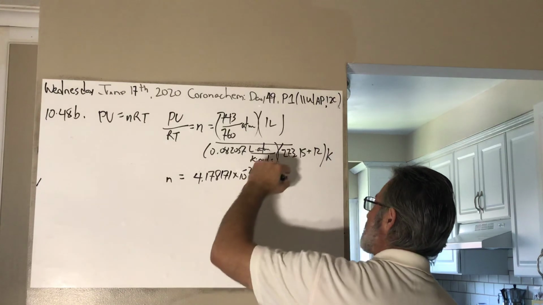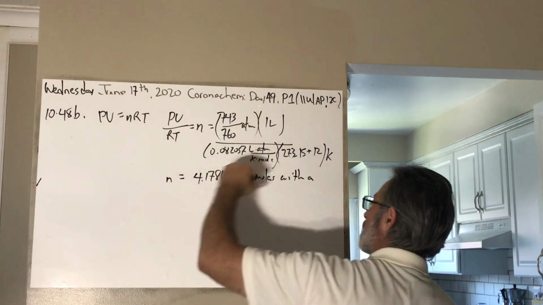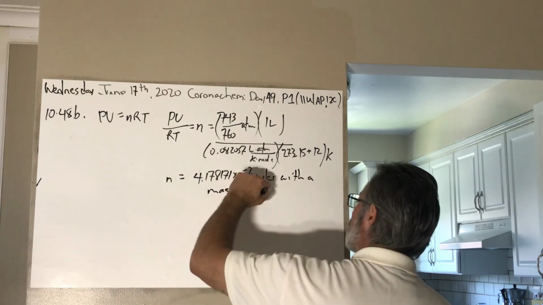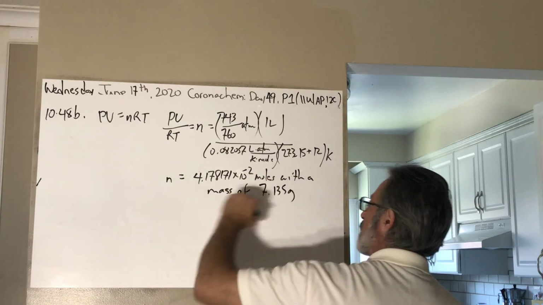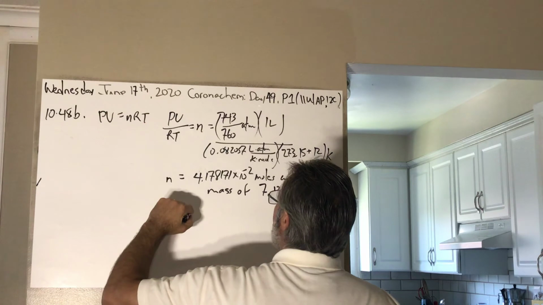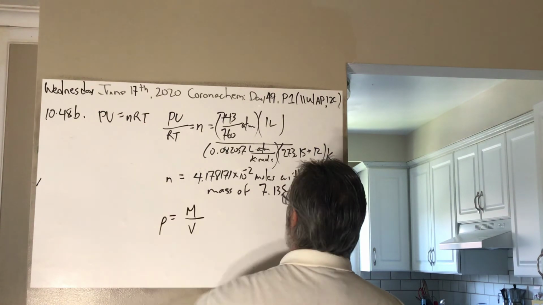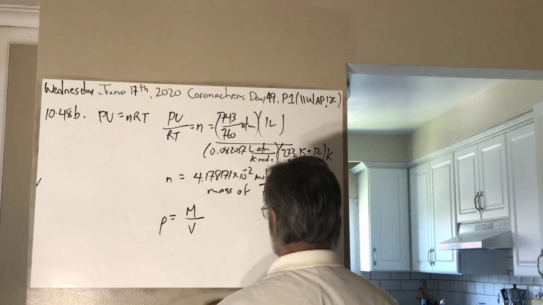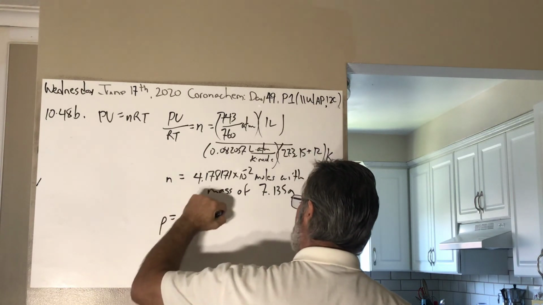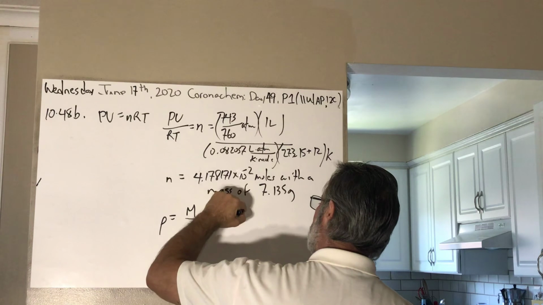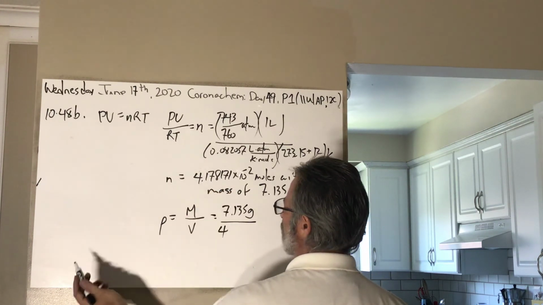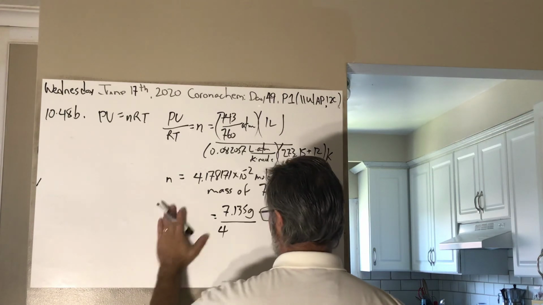And we're told it has a mass of 7.135 grams. So we know that density equals mass over volume. And we assumed a 1 liter sample, so that makes it easy to do the calculation. Oh, they're asking for the molar mass. We're not using density equals mass over volume.